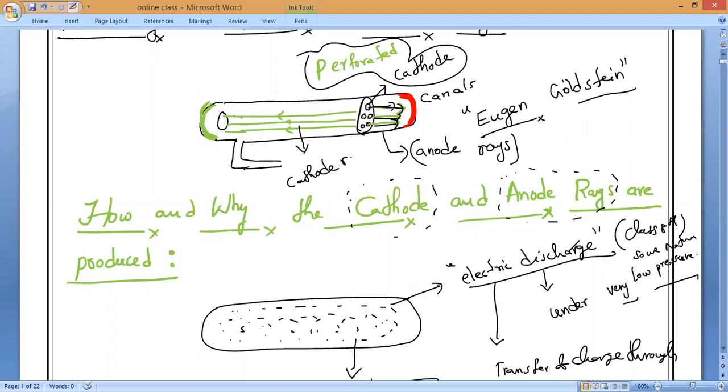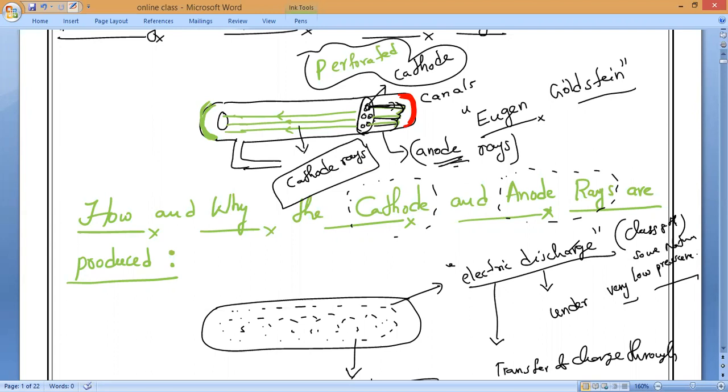From the cathode rays. So they knock the electrons out, and some of them pass through the channels or canals and form the rays we call anode rays.